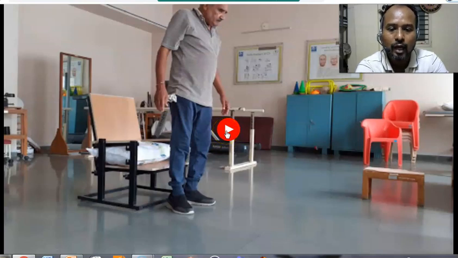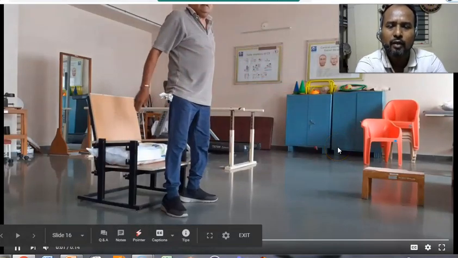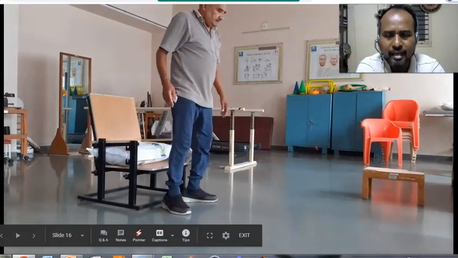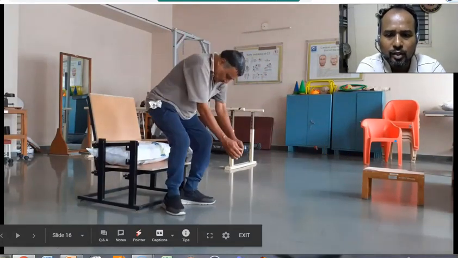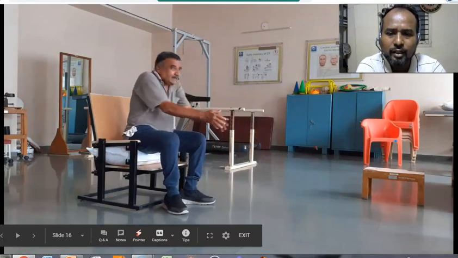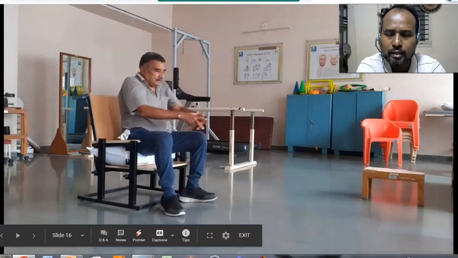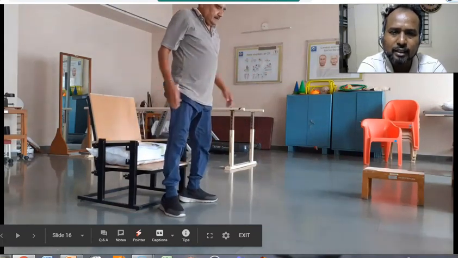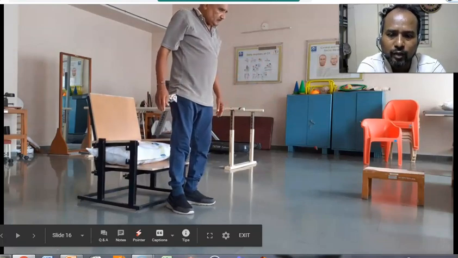After practicing these exercises on a regular basis, almost 10 days, at the end of the second week, this is what he was able to do. As you can see, previously in the same attempt he was struggling to make it. With the practice of 2 weeks, up to 10 days, the patient was able to get up from the chair.